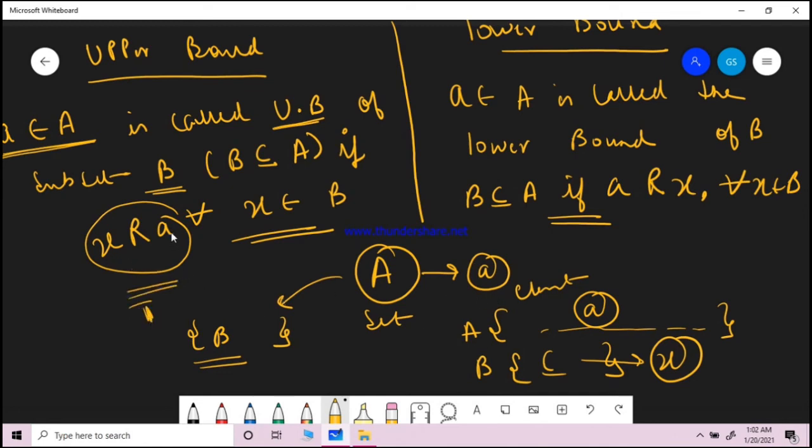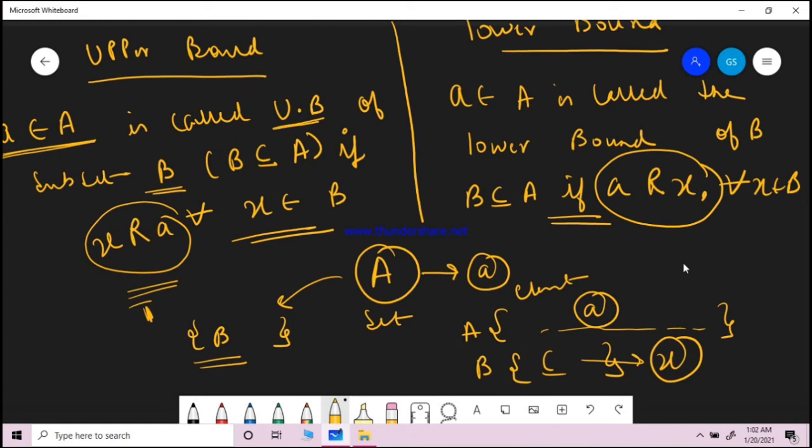Then we can say that a is the upper bound. In the same way, if there is an element a for which a is related to every other element x, then this will be called the lower bound.